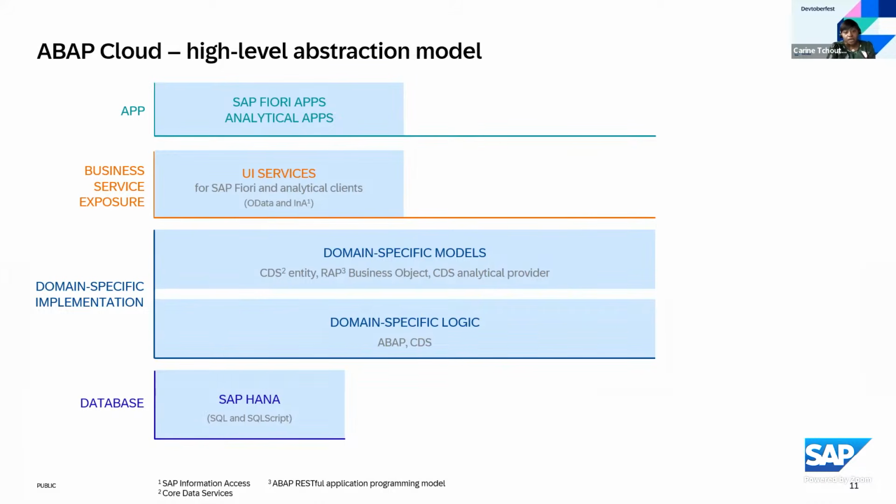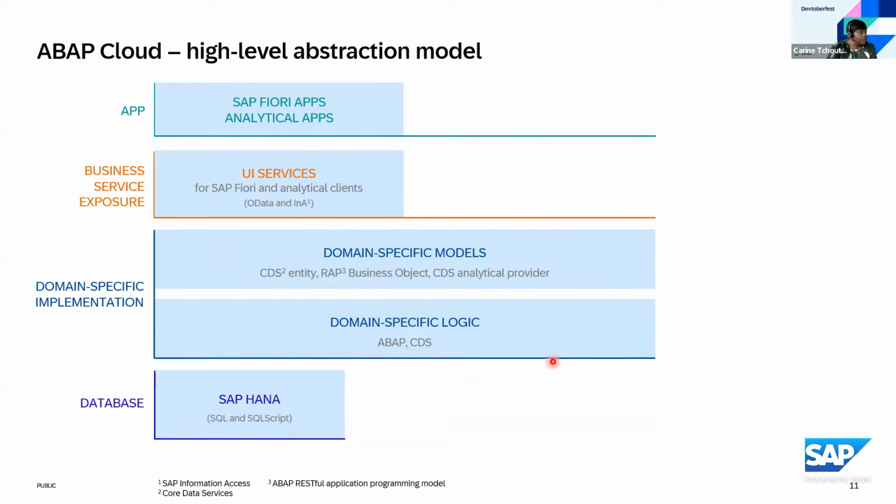So on the screen, we have the high-level abstraction model, giving you an idea of the main technologies involved here. At the bottom, we have the SAP HANA database where the data lies, and here we have SQL and SQLScript, which can help fully leverage the native functionality of the HANA database platform.